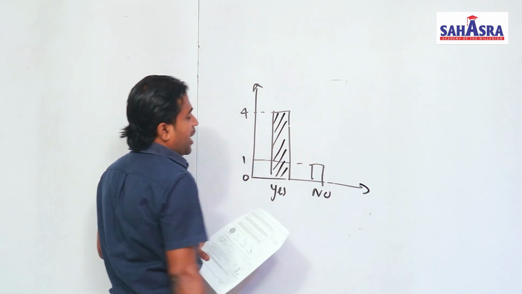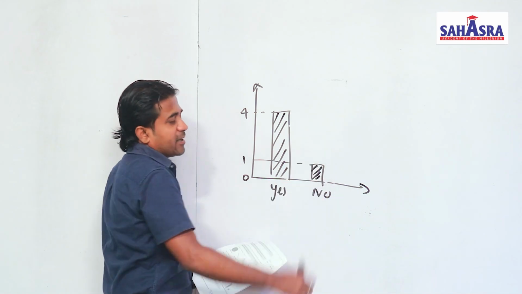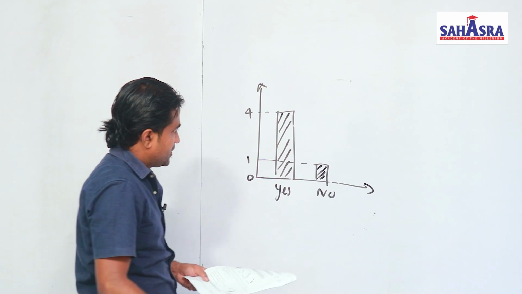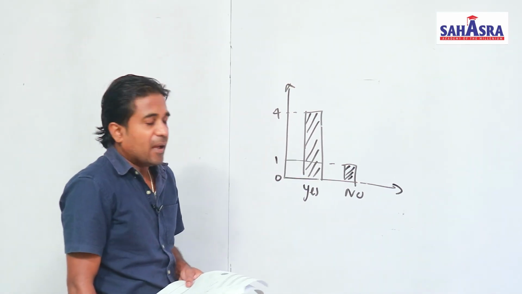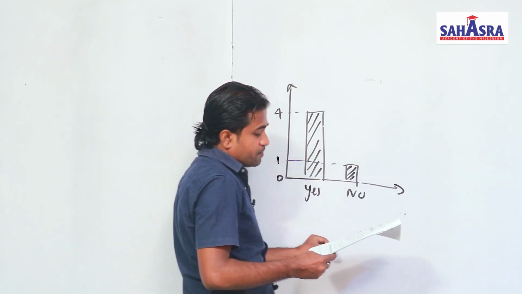All the metal objects conduct electricity. Non-metal objects do not conduct electricity. That is the fact coming out from the bar chart. So what extra information does the table give you?